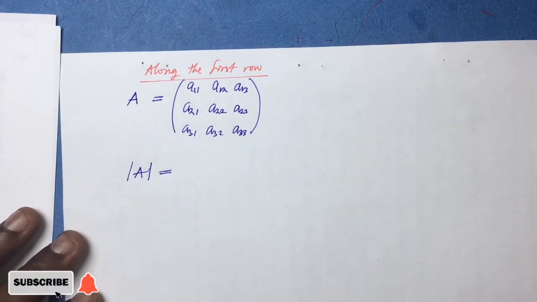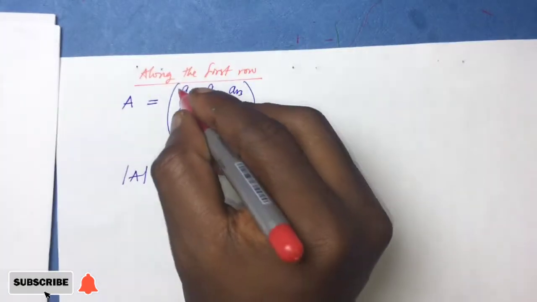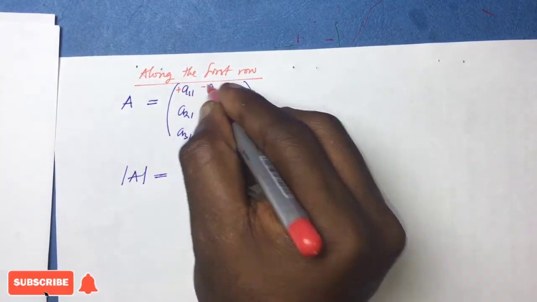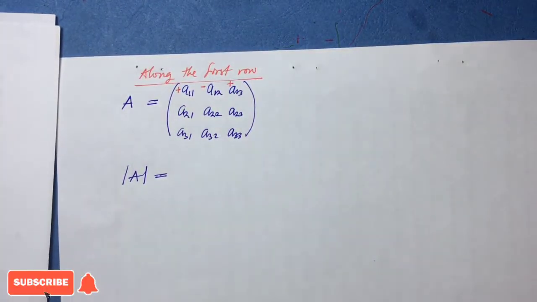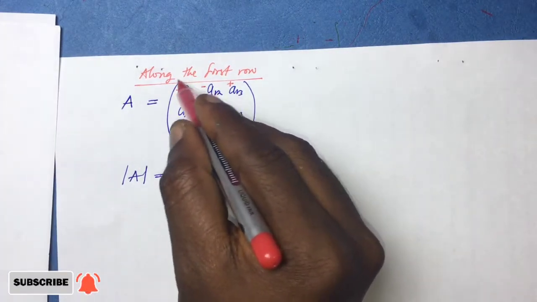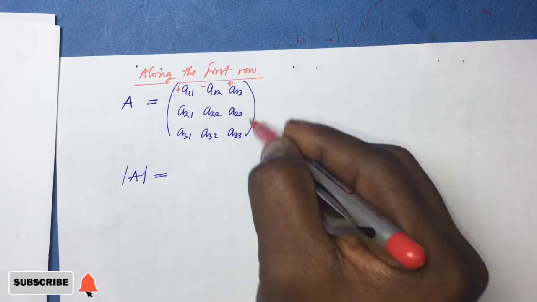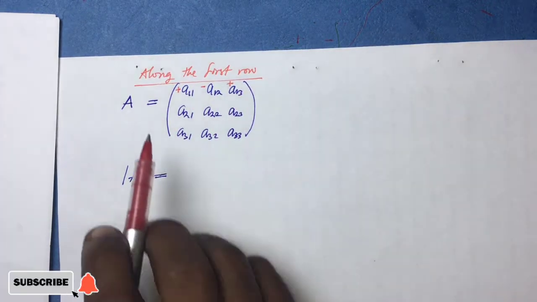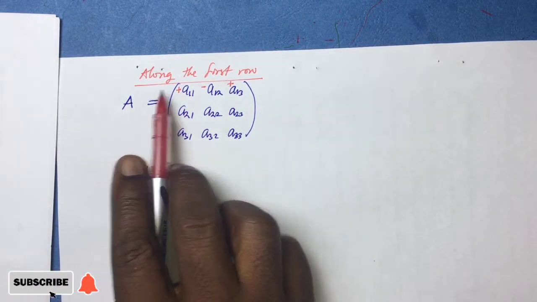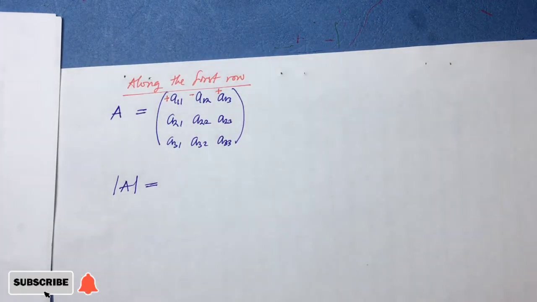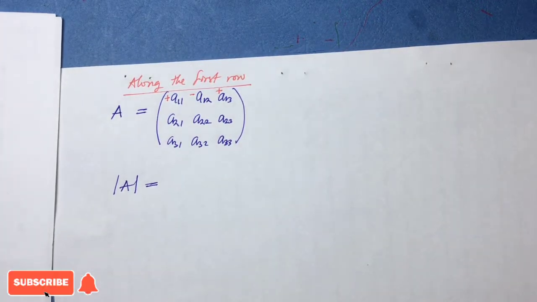What are the signs of the elements along the first row? It will be plus, minus, and plus. Remember, the sign of every element in the matrix starts from here with a positive sign, and it alternates throughout the matrix. So, if you want to take the determinant of the matrix using the elements in the first row, this is what you do.